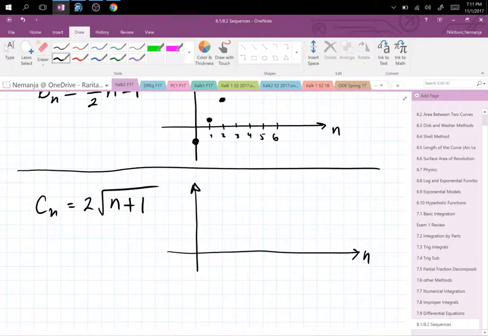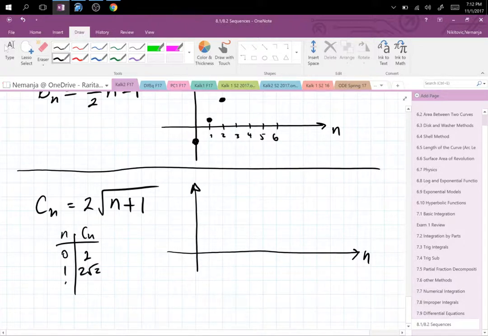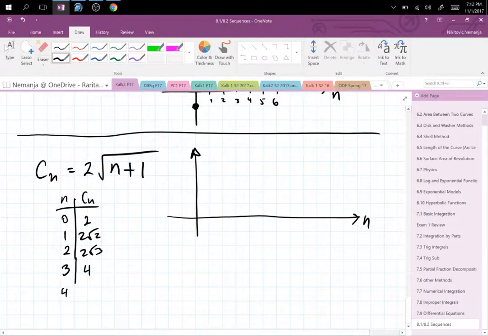So what do we have? You can make the chart of values if that makes you happy. And Cn. So for 0, you get 2. For 1, you get 2 root 2. For 2, you get 2 root 3. For 3, we get 4. For 4, we get 2 root 5.